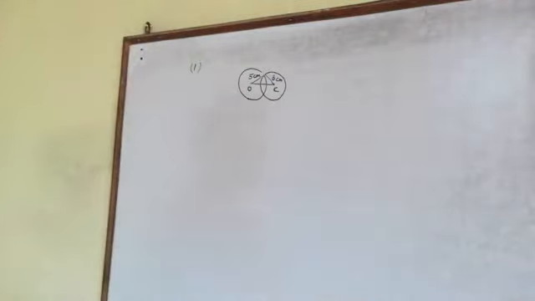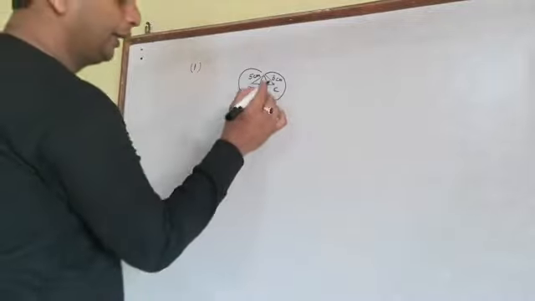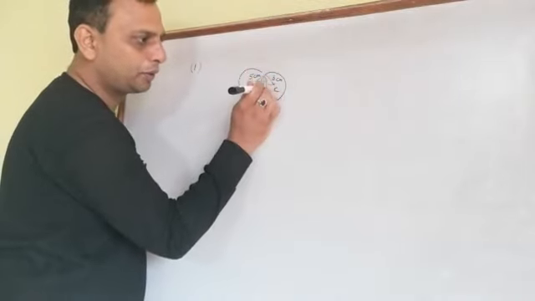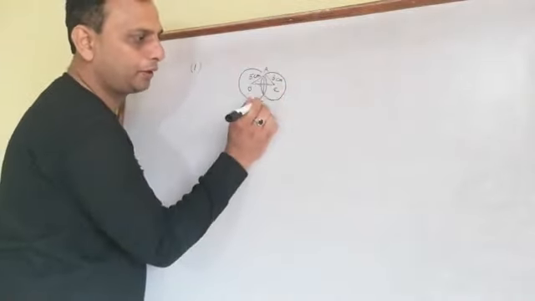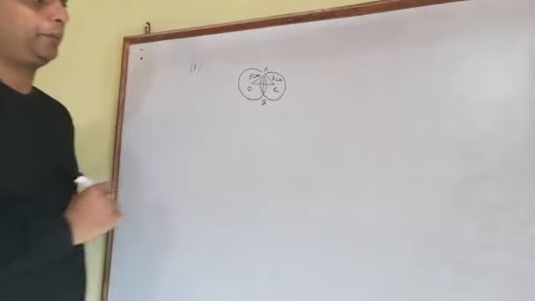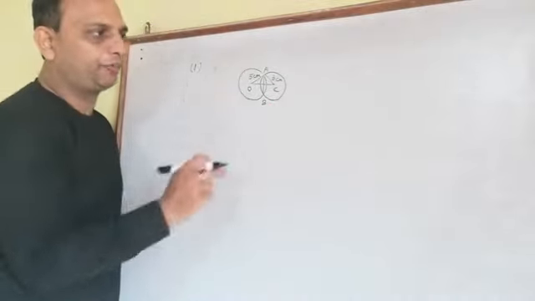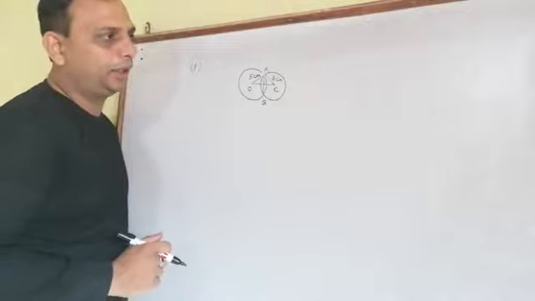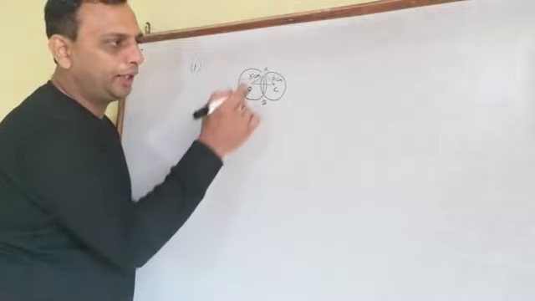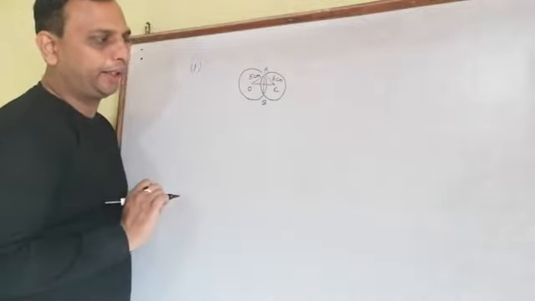So here we can write the names, and this is the common chord AB. AB is the common chord. O to A is 5, A to C is 3 centimeter, and we have to find the length of chord AB.